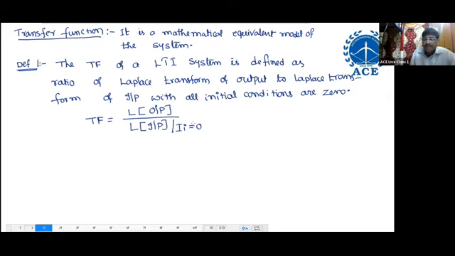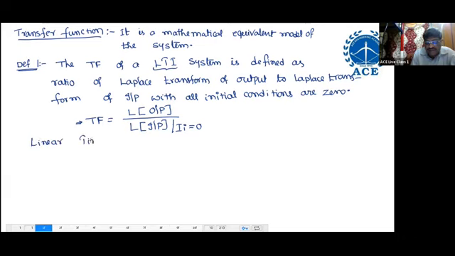This is the first definition of transfer function. But the transfer function analysis is valid for only LTI systems, that is, linear time invariant systems.